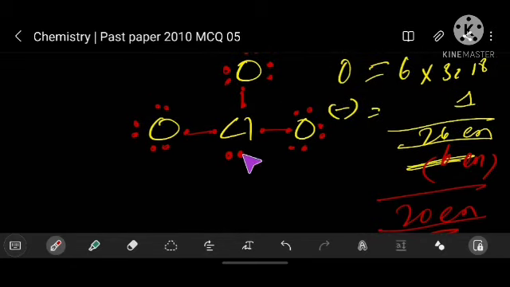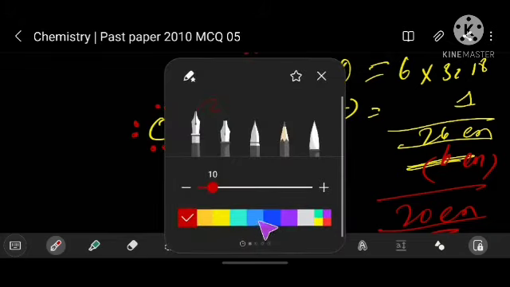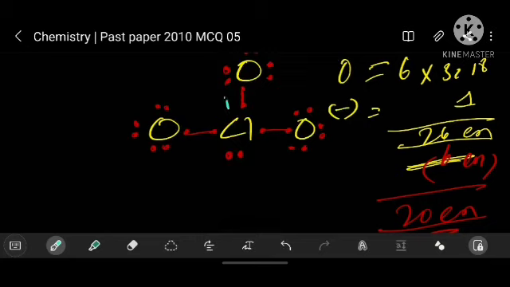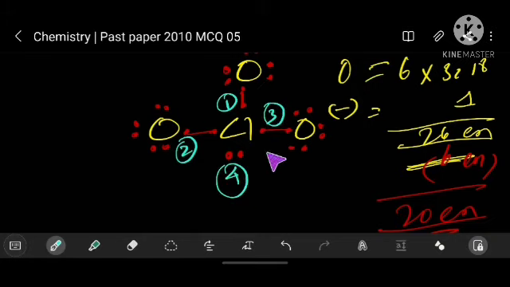Let's go to the molecular geometry, that means the shape. Here we have 1 repulsive unit, this is the second repulsive unit, this is the third, and this is the fourth repulsive unit. So altogether we have 4 repulsive units and 1 lone pair.